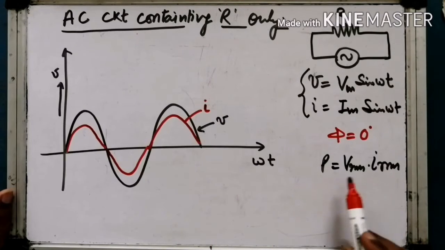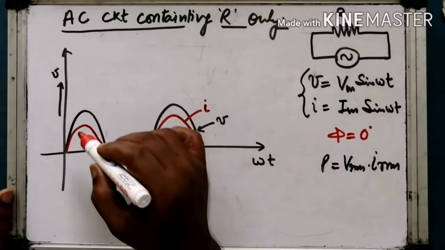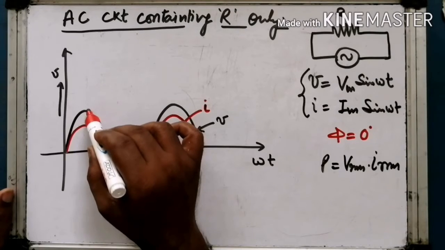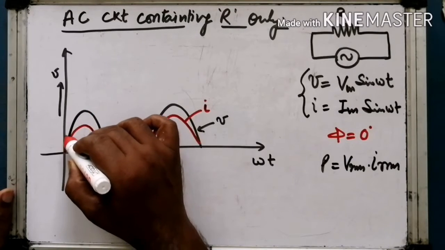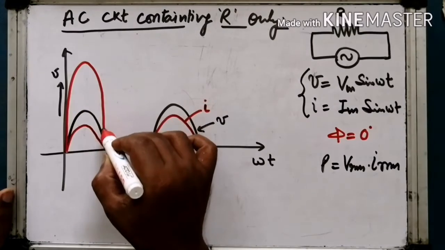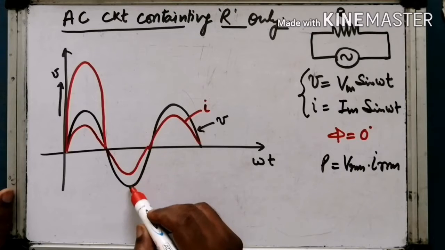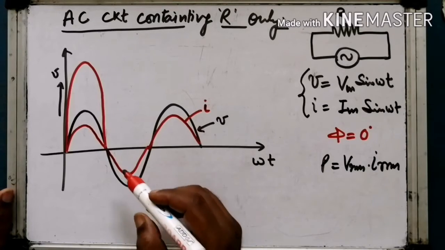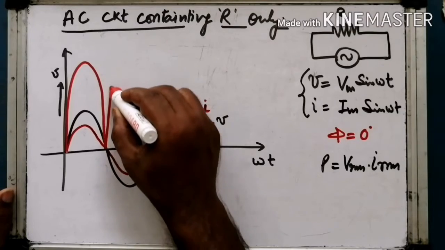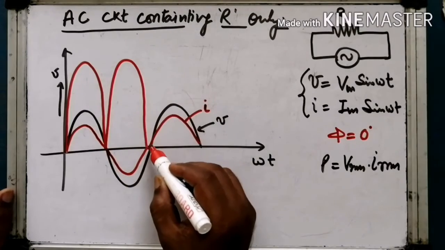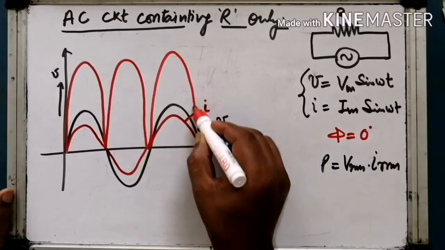Multiplication of these two is known as power. This one is the current, this one is the voltage. So this is the waveform for the power. Here these two are on the negative side, but the multiplication of these two, once again it is positive. Once again it is like this.